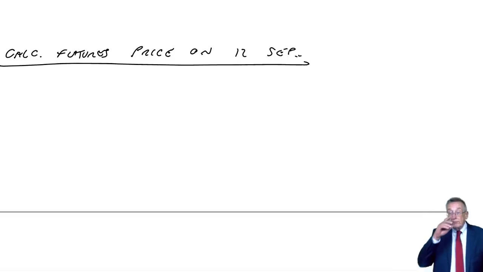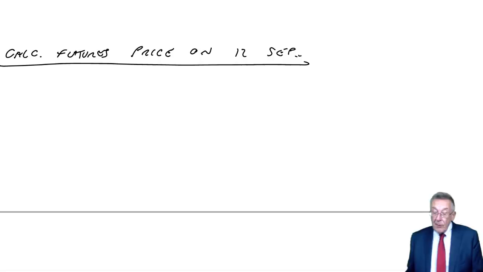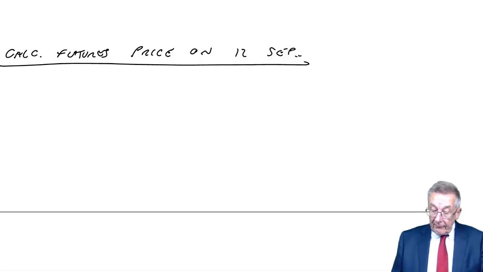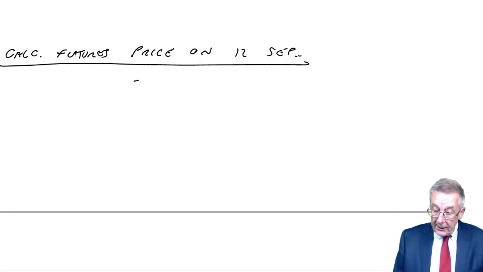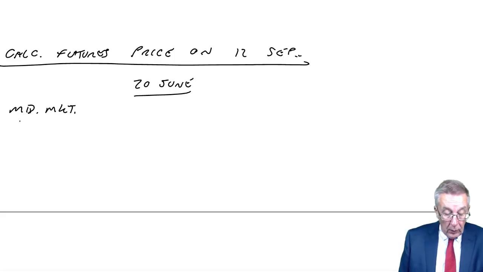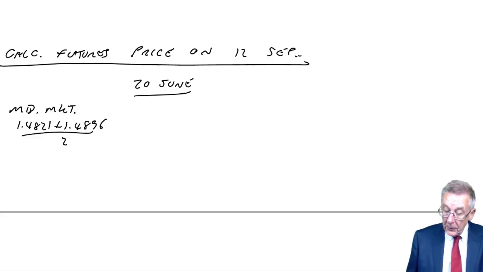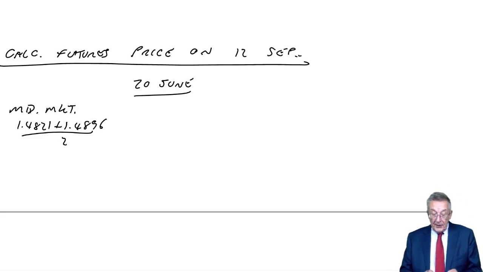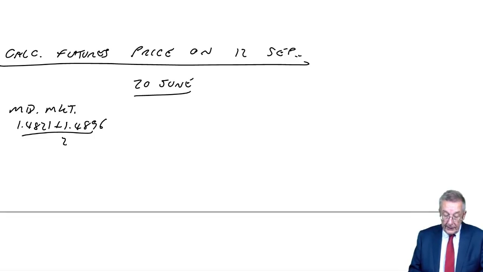Exactly as I did before, but obviously with different figures. As of today, 20th of June, we know the prices. The mid-market spot: 1.4821 plus 1.4896, divided by 2.